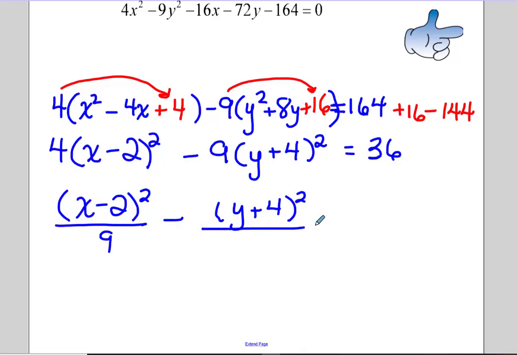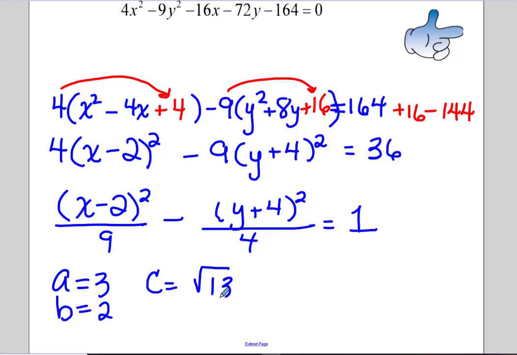How convenient all that works out. And 36 divided by itself. So now you can see what comes first. The x value comes first. So our a is going to be 3. And our b is going to be 2. And 9 plus 4 gives us c is the square root of 13.